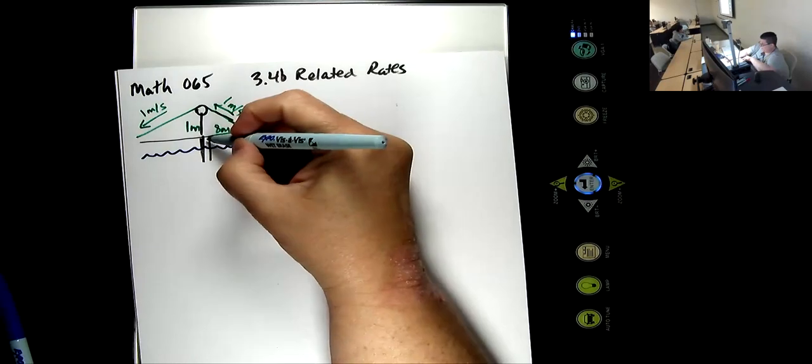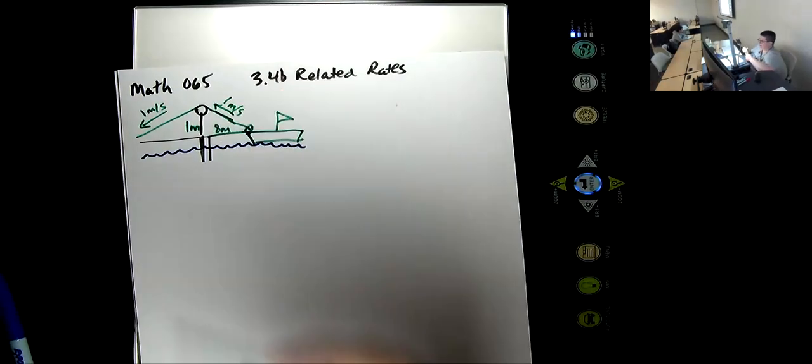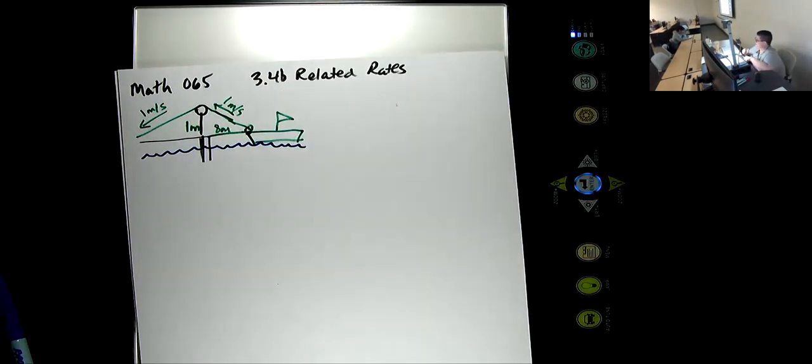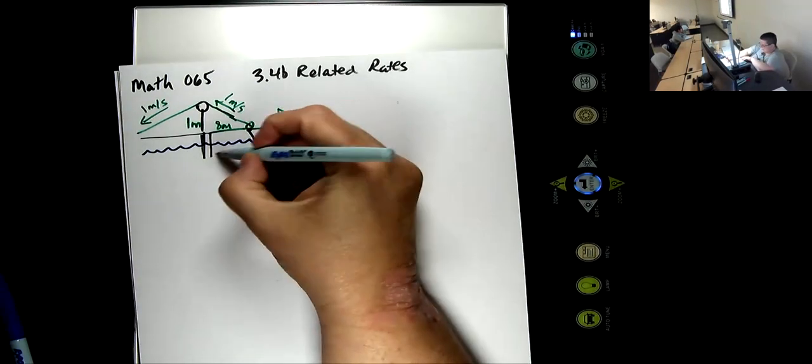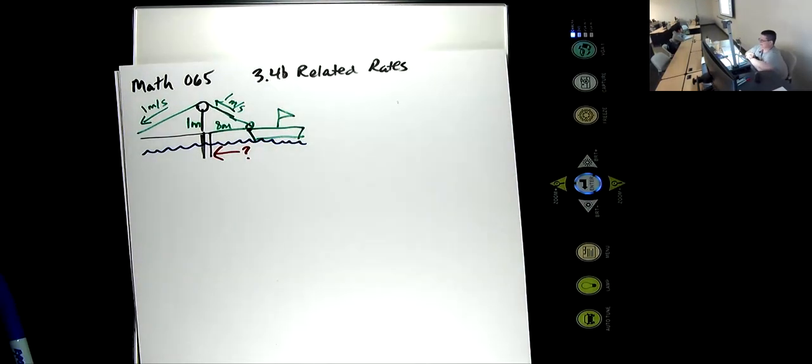Which makes sense. You wouldn't have it inland more. You'd have it at the edge. So our question is, what is that speed? How fast is it going there?